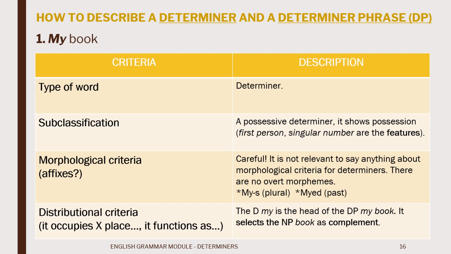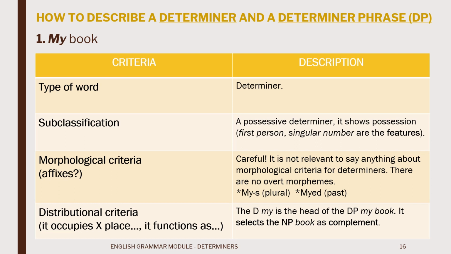They do not take any type of affixes, okay? So, in the case of determiners, there are no overt morphemes. As you can see in the ungrammatical sequences, my cannot take the s to show plural number, and it cannot take the ed suffix to show past, okay? So morphological criteria are not helpful to describe the word my.